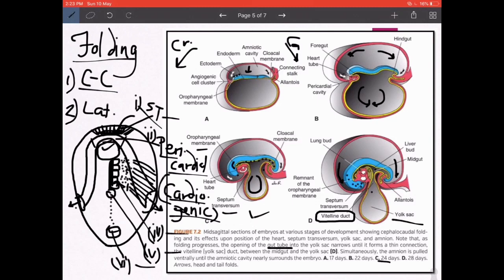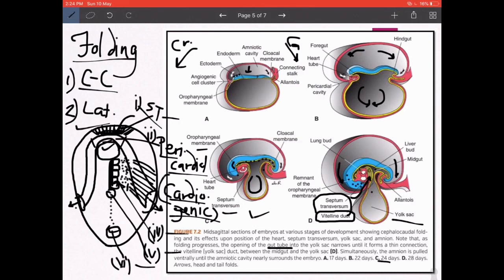Remember, the septum transversum, this was the cranial most structure, but now after folding it is coming to lie over here somewhere in the future chest region. Above that is your pericardial sac with developing heart tubes. Okay, don't worry, we're going to visit this diagram again.